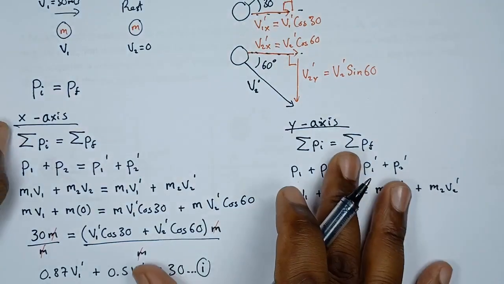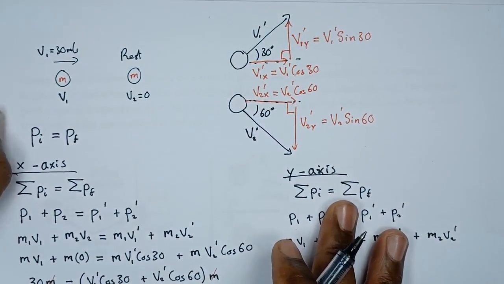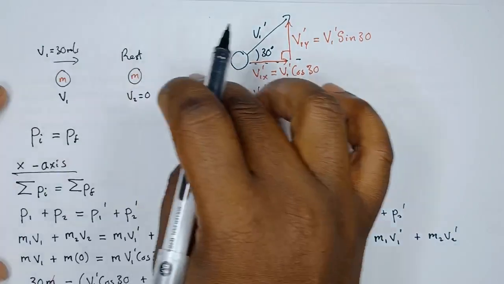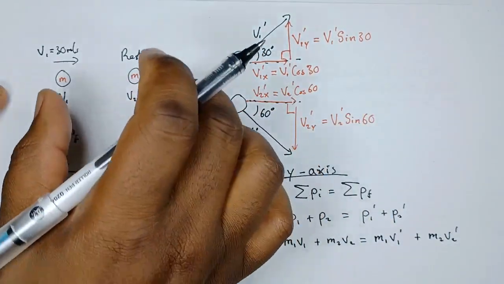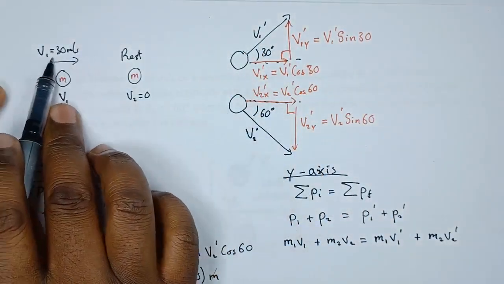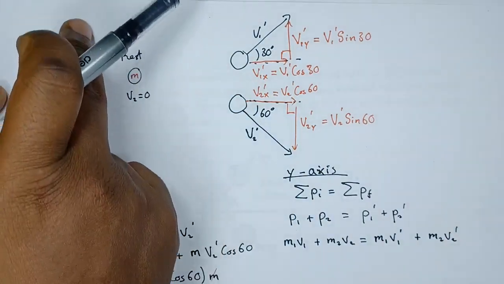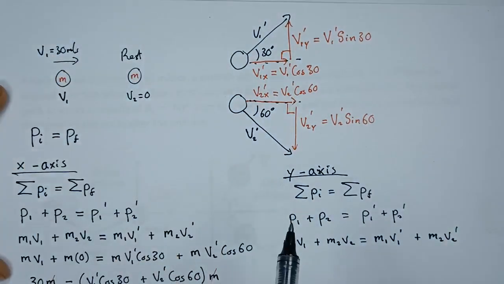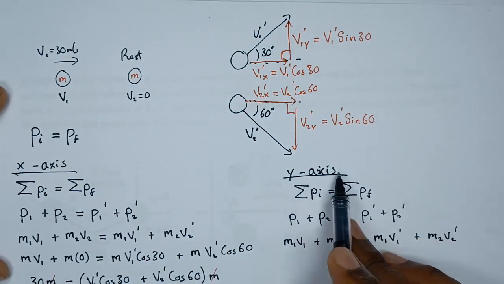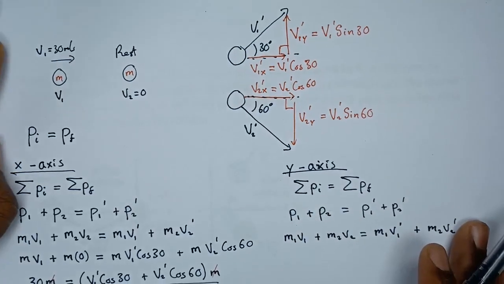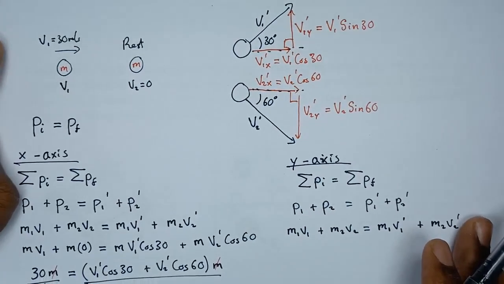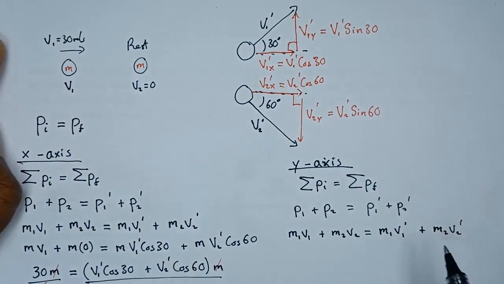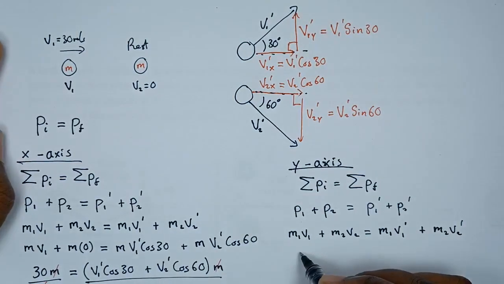Now, since these two objects had motion in the x direction initially, remember it was moving 30 in the x direction, meaning that it was not moving in the y direction. So if that's the case, we're looking at the y-axis this time around. Since this object was moving entirely in the x direction, then in the y direction, initial velocity here is just 0.